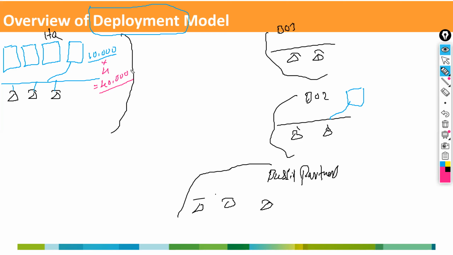Now, in my organization, more than 40,000 users are there. In that scenario, what we have to do is configure another cluster. In one cluster, maximum 40,000. If you have more than 40,000 users, another cluster has to be configured.